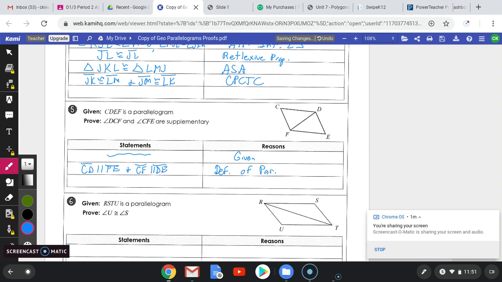Well, what does that mean then? Since they're parallel, angle DCF and angle CFE are supplementary because what kind of angles are they? They are consecutive interior angles.